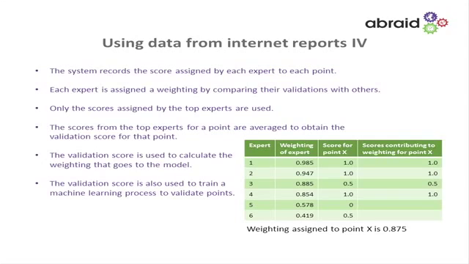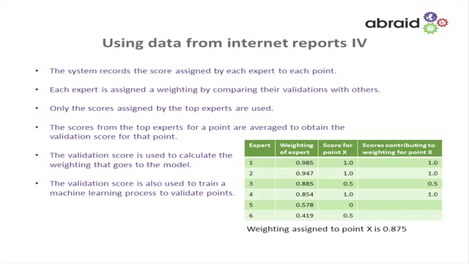So we obtain a validation weighting of 0.875. So this goes through to the model together with the geographic weighting that I talked about earlier. So that's the system which the disease experts use to validate data. And that data now, that validation weighting linked to that data point, they can go through directly to the model, but they also go through to a training data set that we use for our machine learning process.